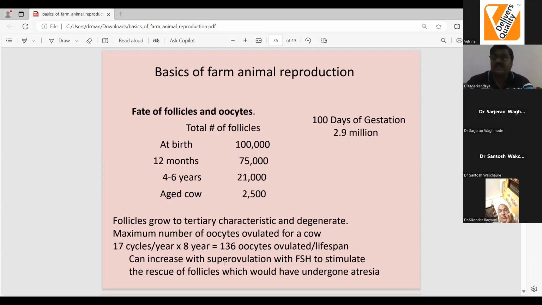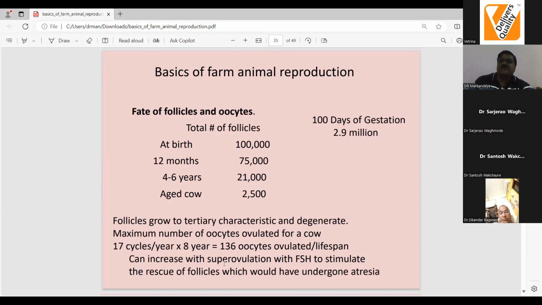When we are there to make the animal cyclic and pregnant, putting the animal to slaughter is not expected in case of buffaloes. Let there be pressure. I will say pressure, because buffaloes are taken from the farm under pressure that now 5 lactations are over, put that animal to slaughter. There is no ban on buffalo slaughter. Why not put the buffalo to slaughter? A very sorry and very pitiable situation.